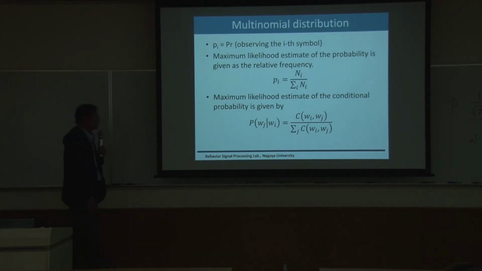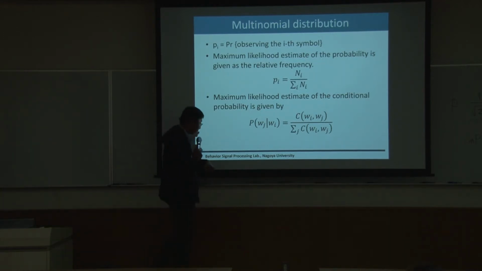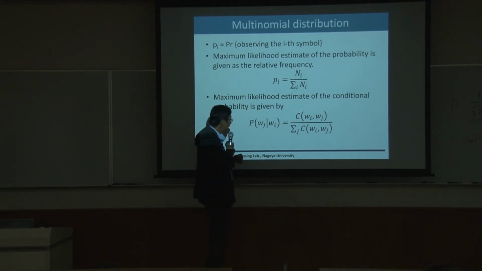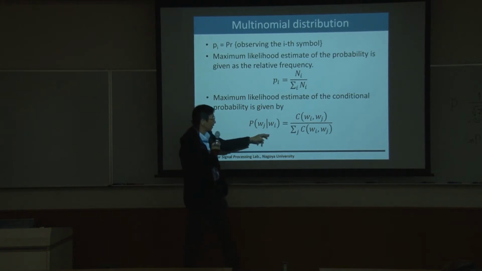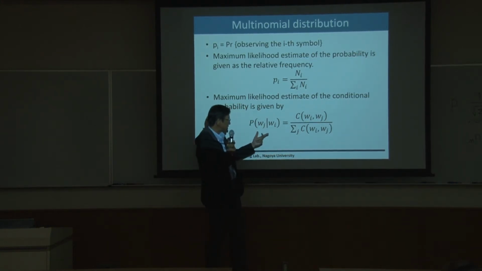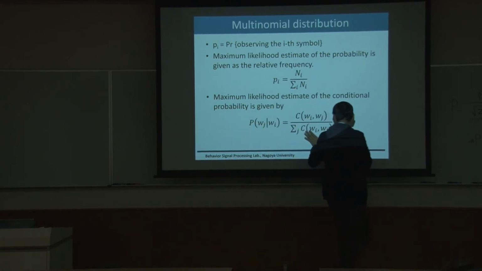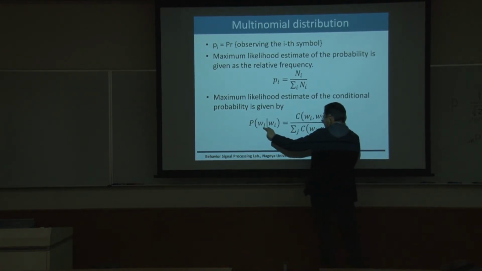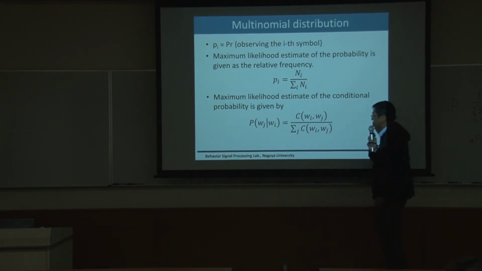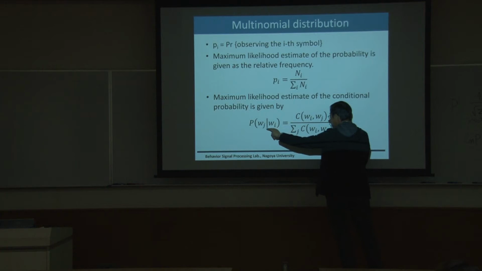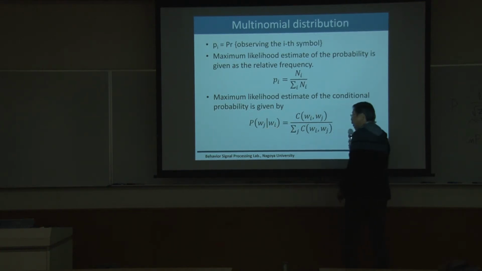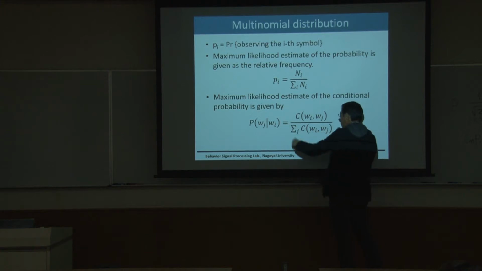So how can we estimate the trigram, bigram, or n-grams? It's quite simple. Just count. Okay. So the probability estimation can be done by simply calculating the ratio of the observations that have the Wj in the second term against all the combinations in which the word Wj will appear just after the word Wi.